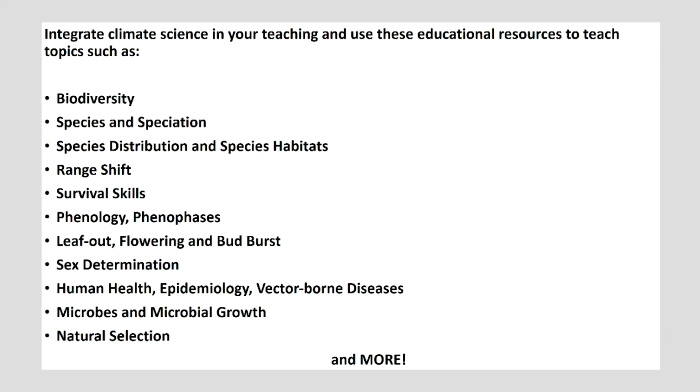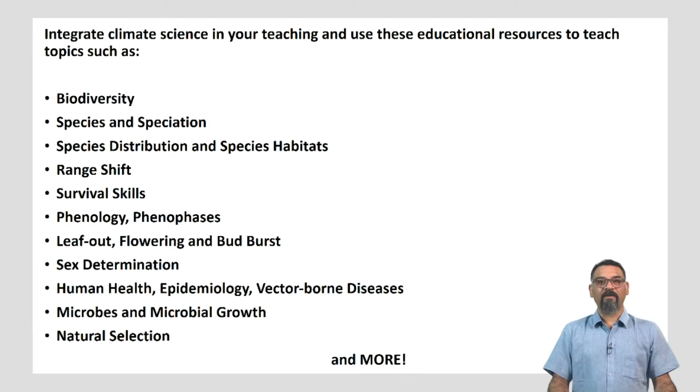There are a wide variety of topics that we will show in this particular lecture, and we want to show how you can integrate climate science in your teaching by using educational resources to teach topics in the biological sciences. These include topics such as biodiversity, species and speciation, species distribution and species habitats, range shift, survival skills, phenology phenophases, leaf out, flowering and bud burst, sex determination, human health epidemiology, vector-borne diseases, microbes and microbial growth, natural selection, and more.